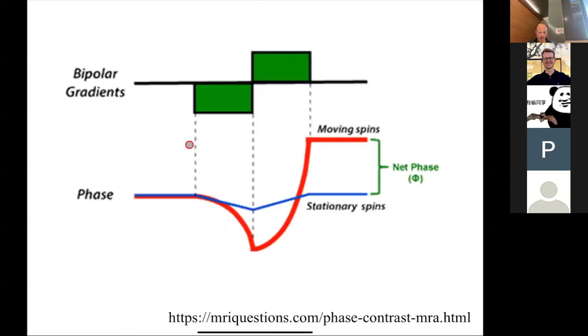And so what happens is, if I have this bipolar gradient and I look at the phase, if I have a stationary spin, the phase, remember, goes one way and then it gets back and is refocused. So it gets back to where it started. But if I have a moving spin, it goes one way and then it overcompensates the other way, such that now it has a net phase. And that net phase is proportional to velocity.